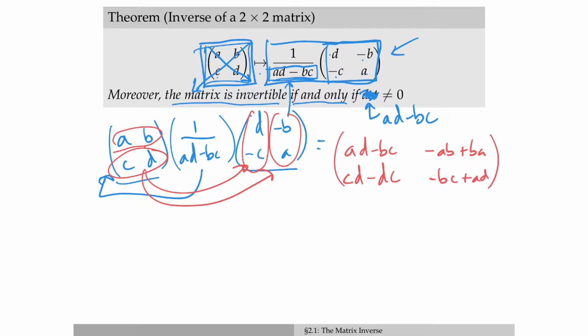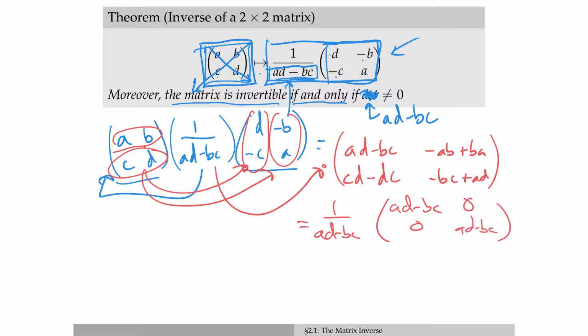And that, of course, is all times 1 over AD minus BC. So that's 1 over AD minus BC times AD minus BC, 0, 0, AD minus BC. Well, this flies inside and gives us 1, 0, 0, 1. So jackpot. We got the identity.